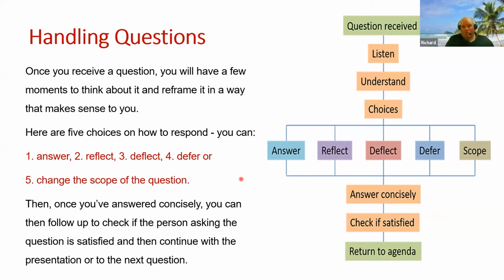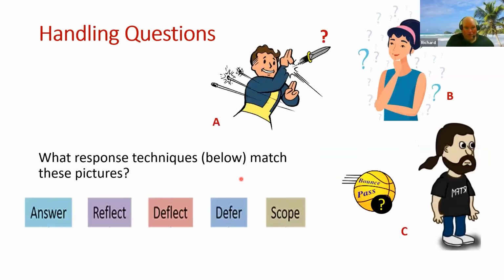You receive the question, you listen, you understand, you choose which one best suits you, because sometimes you don't know the answer. And then you give a concise answer if you can. Check if the person is satisfied with your response and then move on.